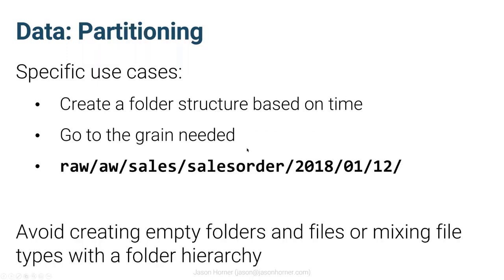We talked about partitioning, so that's this concept of I've got my raw zone, it's coming from an AdventureWorks database, it's the sales schema, and it's a sales order table, and it's 2018, so year 2018, month of January, and the 12th day of the month. I don't always need to go year, month, day. Sometimes I might need to go deeper than that.